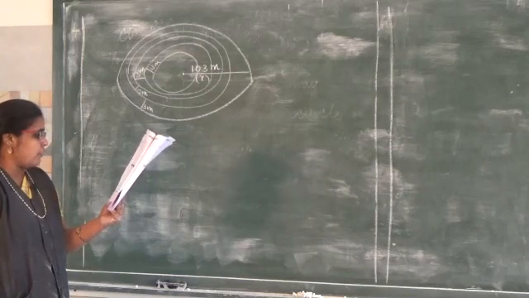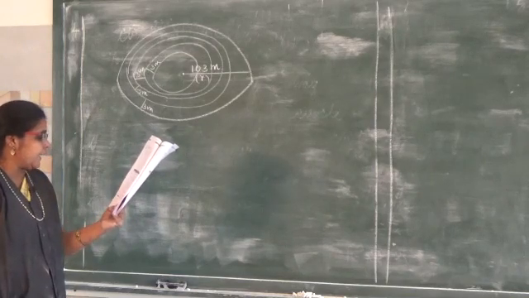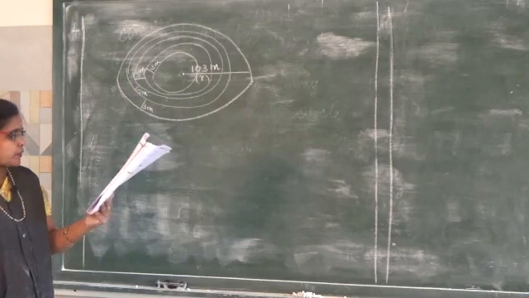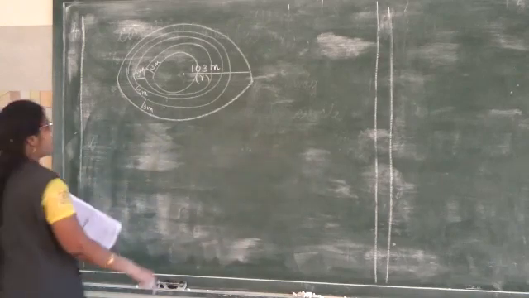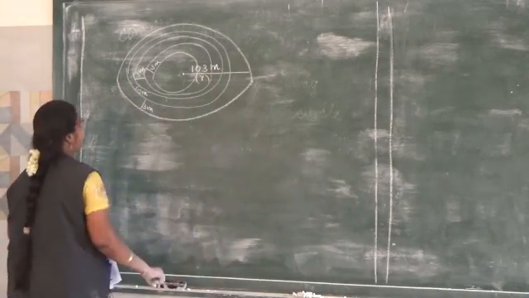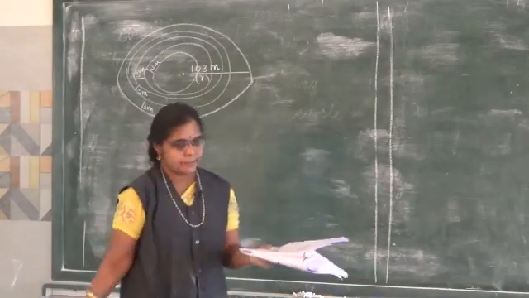Find the cost of constructing the track at the rate of rupees 50 per square meter. So for 1 square meter, the cost they have given us is 50 rupees.